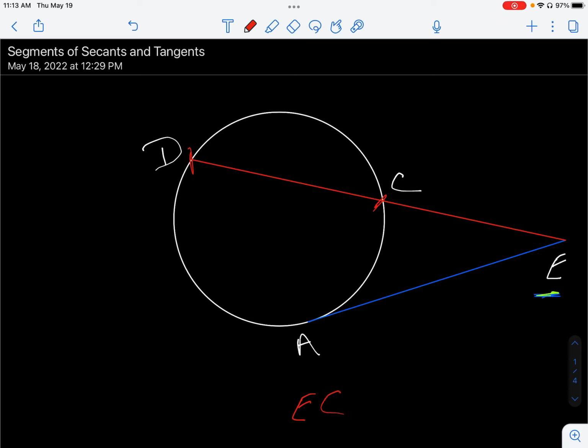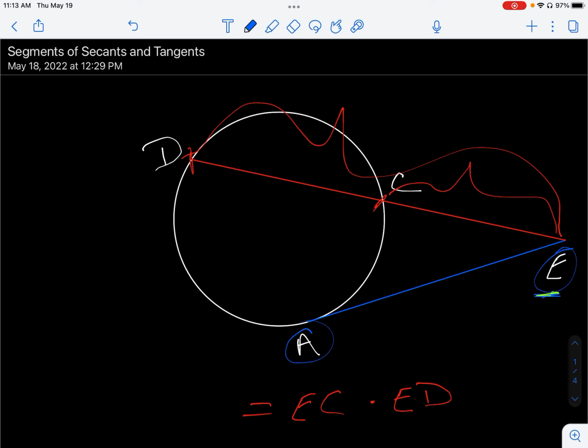So EC, the external segment right here, times ED, the entire segment, just like with the secant segment, is going to be equal to the tangent segment. Now the tangent segment only has one segment, from our endpoint here to the point of tangency on the circle. So we are going to square our tangent segment.